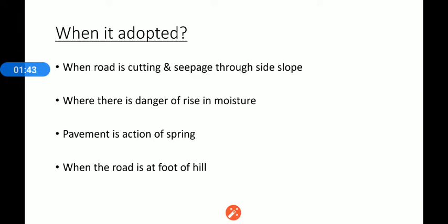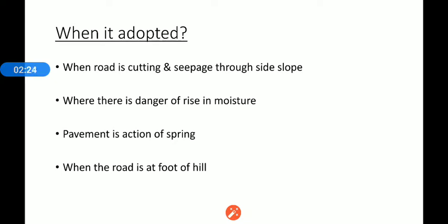Now let's see when subsurface drainage is adopted. This drainage system is recommended under the following conditions. First, when the road is in cutting and there is considerable seepage through the side slope. Second, where there is a danger of moisture rising into the pavement structure due to capillary rise, even if the groundwater table is sufficiently low.